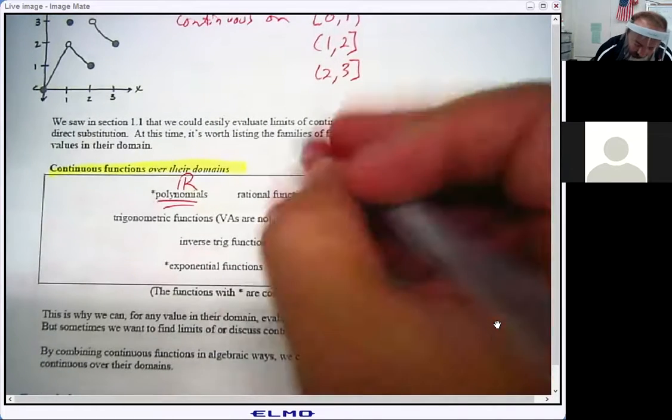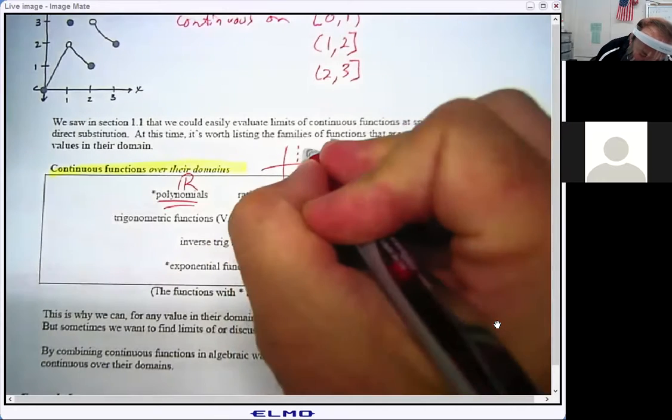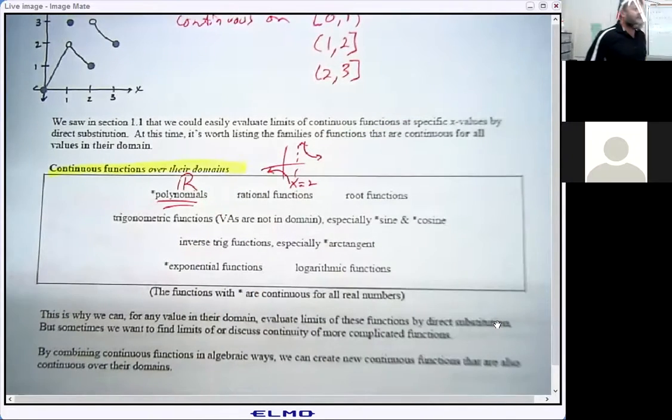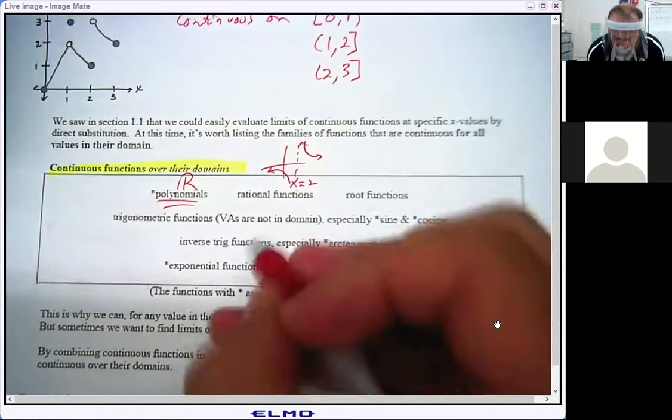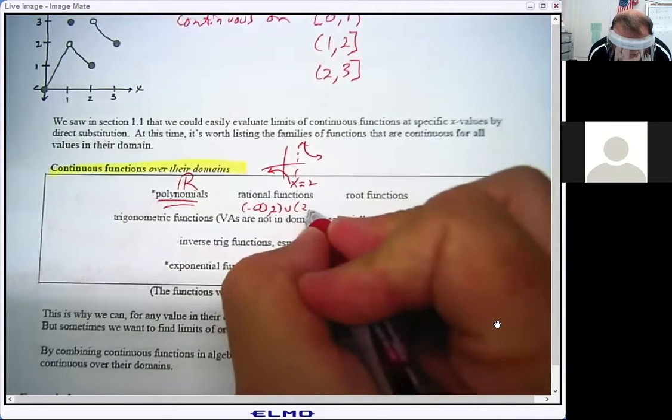See, because when you look at it, it begs the question, but if you have a problem with an asymptote, say at 2, would you guys call that a continuous function? Well, for me, I feel like on its domain. But it is continuous from negative infinity to 2 and continuous from 2 to infinity.